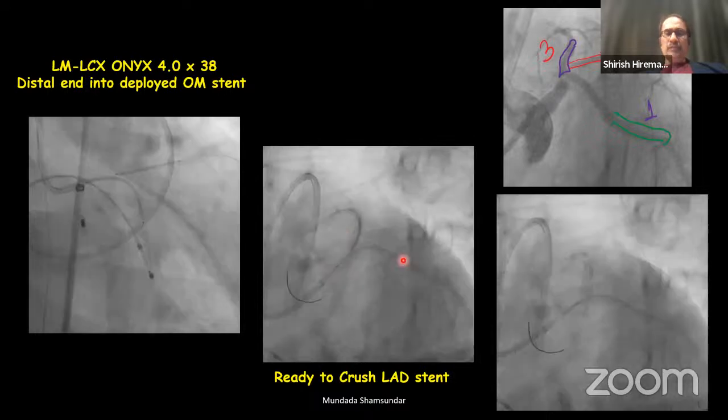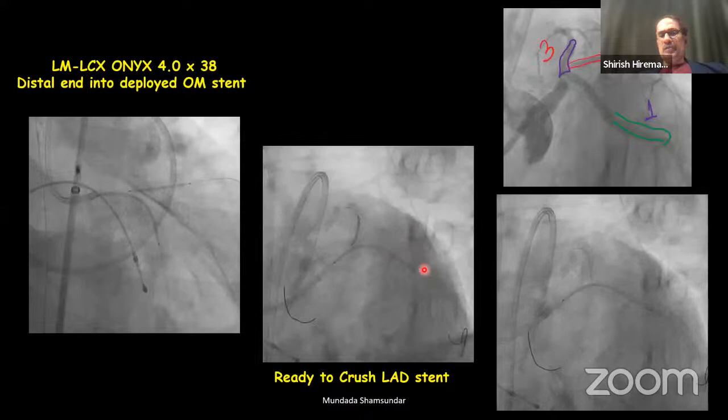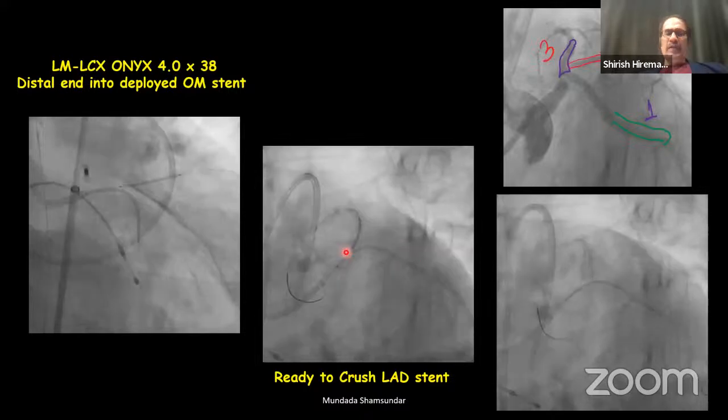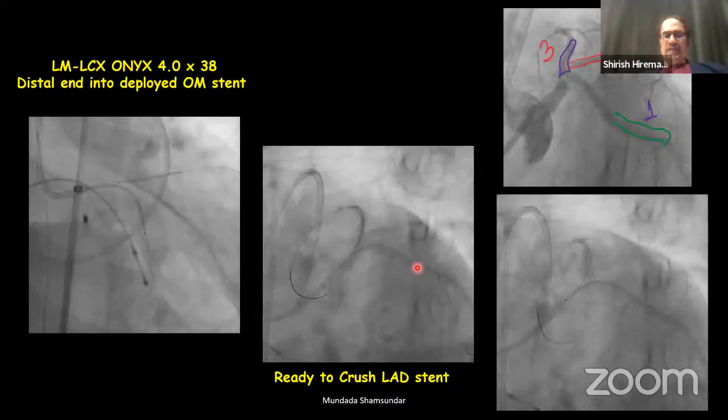And that's why the stent is already placed towards the circumflex. We already have a deployed stent in this position. We had no difficulty or no worries for that matter about dissecting the circumflex. This was a 4 into 38 stent towards the circumflex from left main. So this is the technique we used.